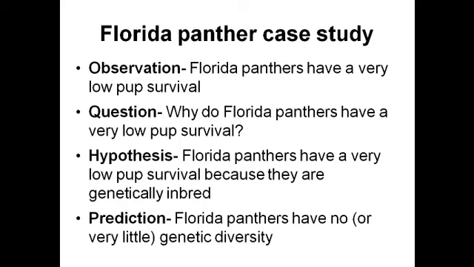And then we converted it to a hypothesis. Florida panthers have a very low pup survival because they are genetically inbred. And finally, to test our hypothesis, we converted the hypothesis into a prediction. Florida panthers have no genetic diversity. Okay, so how are you going to collect data on genetic diversity?